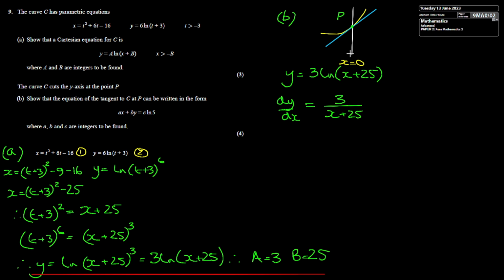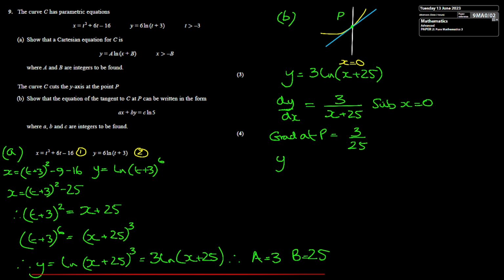Now, because we're at x equals 0, we can sub x equals 0, and we get that the gradient at P is equal to 3 over 25. Now we can use the rise-run expression for the gradient to work out the equation of the line.